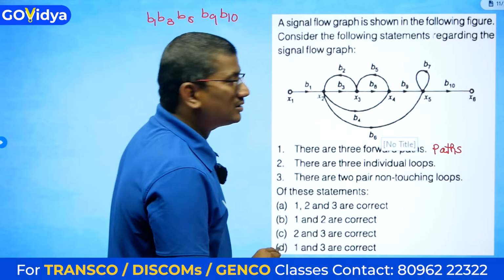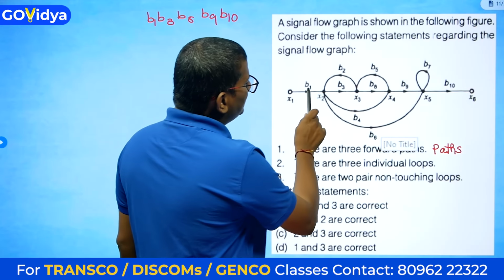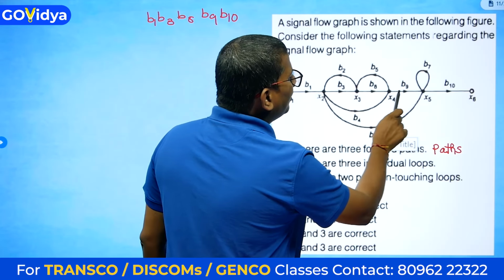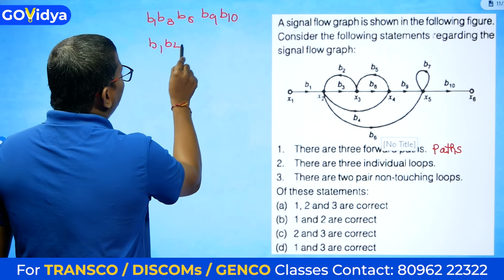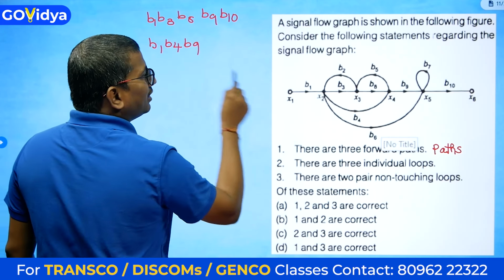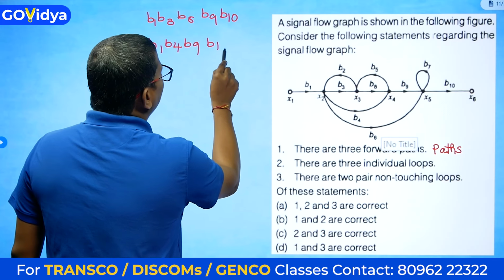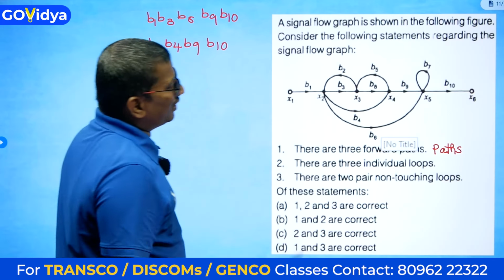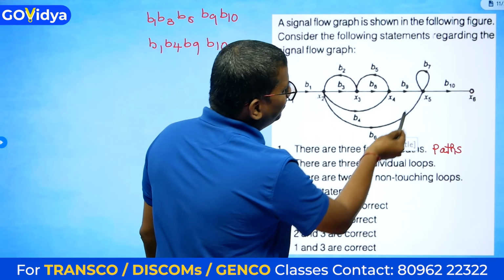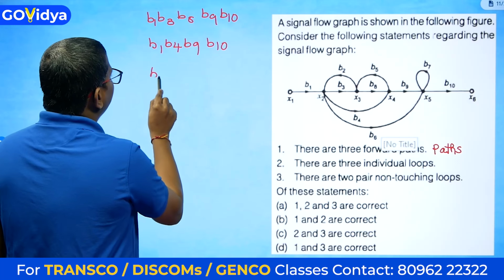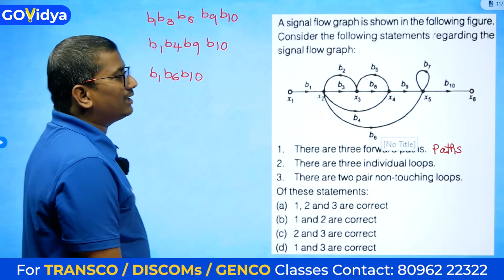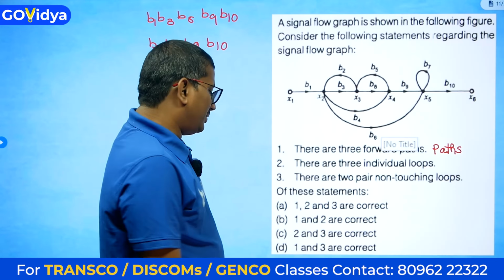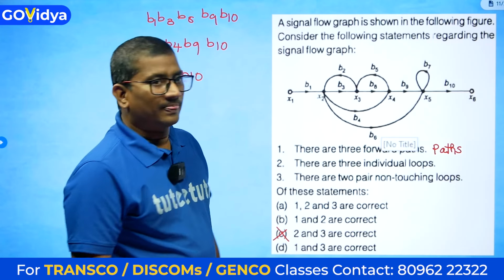Another forward path is B1, B4, B9, and B10. Correct? Another forward path is B1, B6, B10. So three forward paths. So obviously you can eliminate option C.